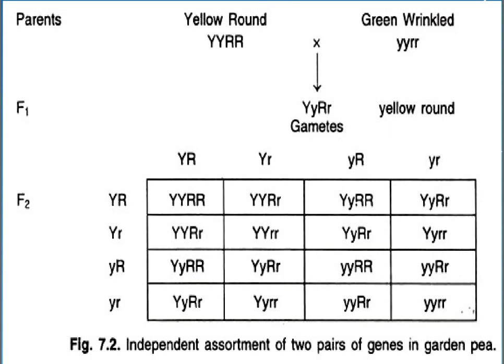The same thing happened with green round individuals. The green wrinkled individuals were also true breeding, and the entire phenomenon of crossing between yellow round and green wrinkled pea plants is shown in this diagram. After crossing, the ratio will be 9, 3, 3 and 1, and this ratio is according to Mendel's law of independent assortment.